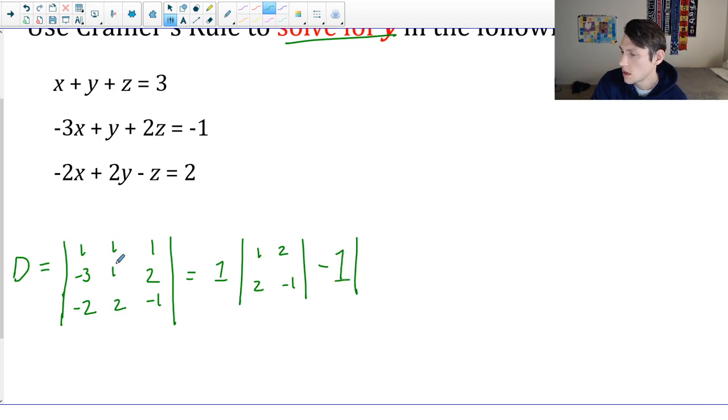Get rid of this column, get rid of this row, so you'd have -3, 2, -2, -1. And then plus this next top right value, 1. Get rid of this row, get rid of this column, so you'd have these 4 values, -3, 1, -2, 2.